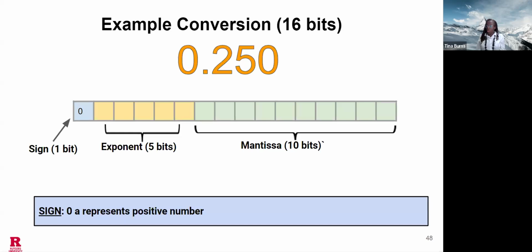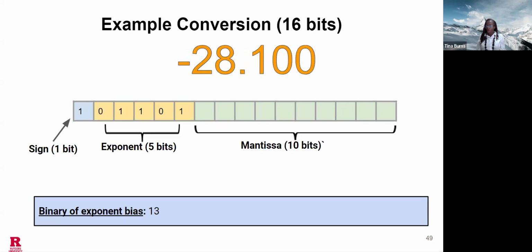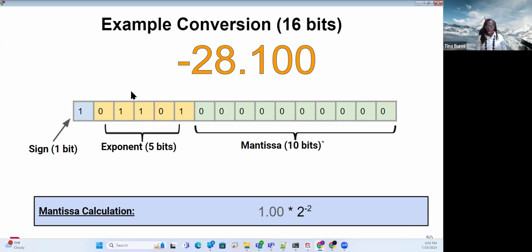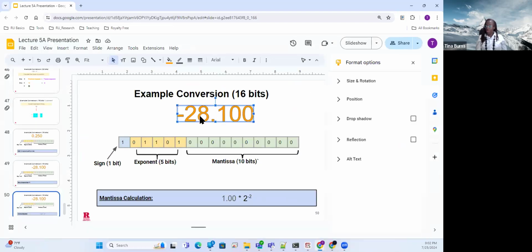All right, so then let's go ahead and do this conversion. Very simple. The sign is going to be 0 because it's a positive number. We already know that 13 gives us that in terms of our binary representation. And the mantissa, it just happens to be 0. There's nothing there, right? But that is how we would work.